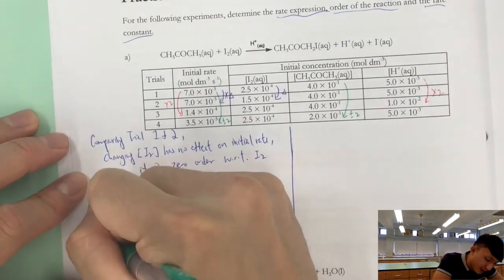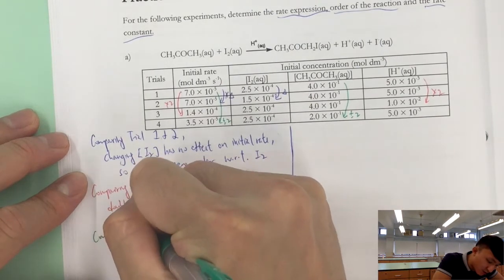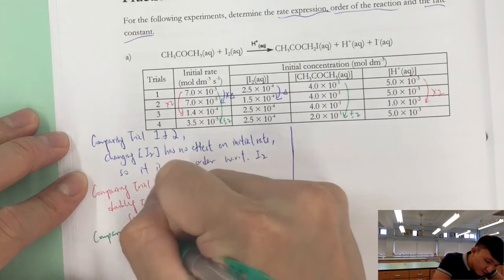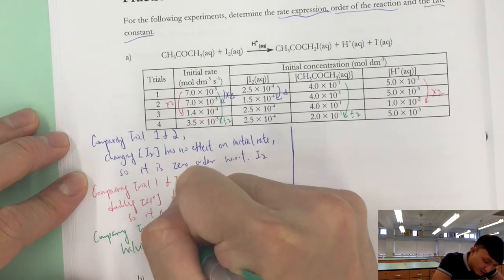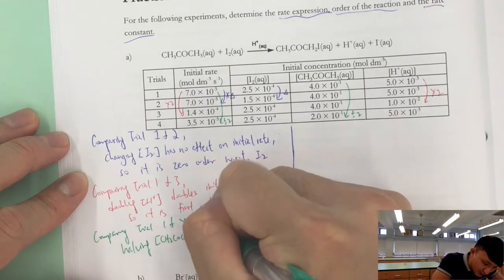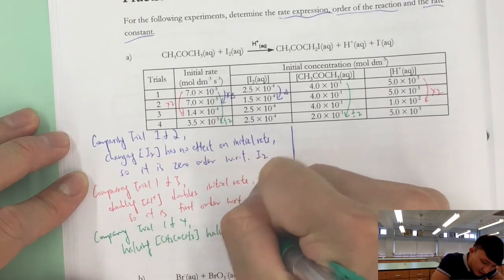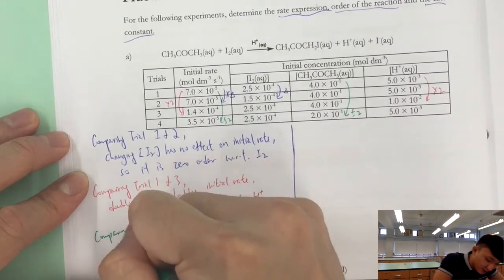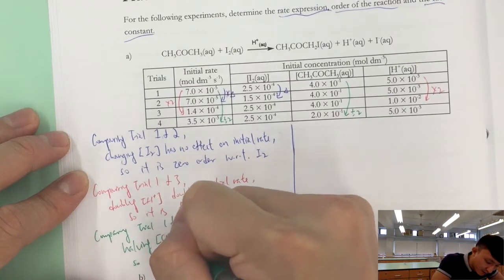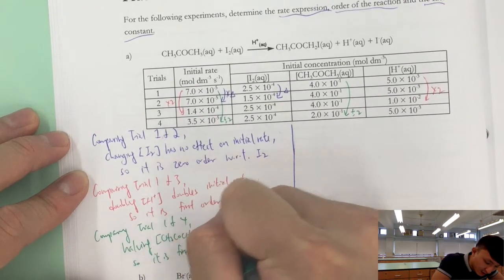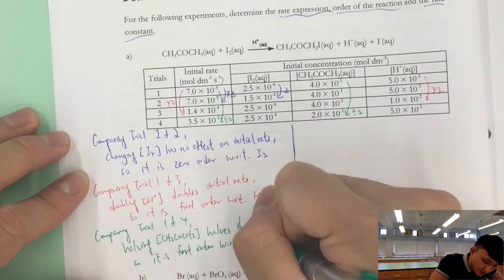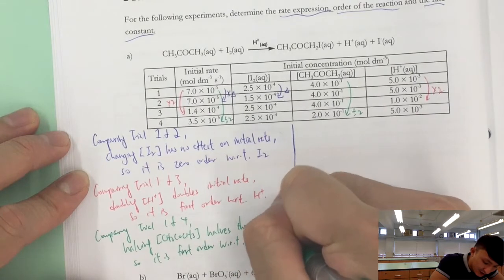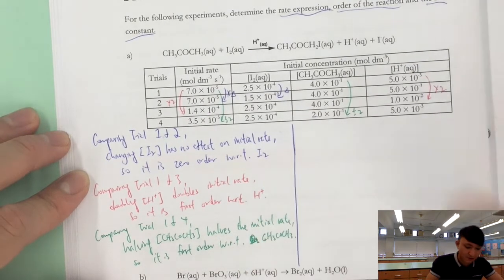So comparing trial 1 and 4, halving the propanol concentration halves the initial rate. Okay, so it is also first order with respect to iodine. Sorry, this is the propanol. Okay.